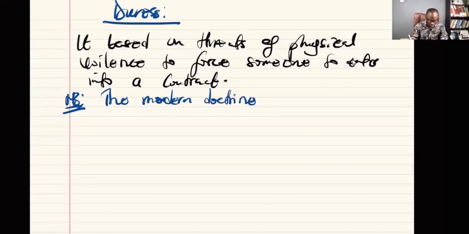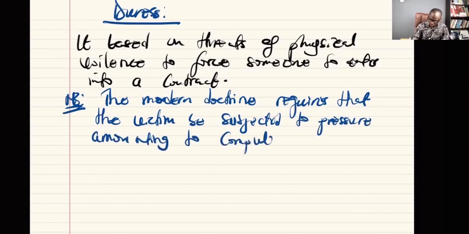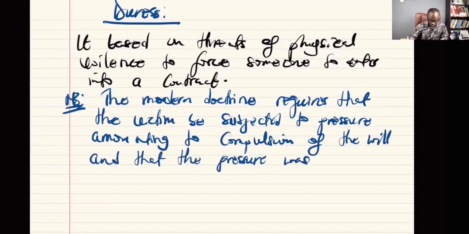The modern doctrine requires that the victim be subjected to pressure amounting to compulsion of the will, and that the pressure was illegitimate. So physically you are being threatened.